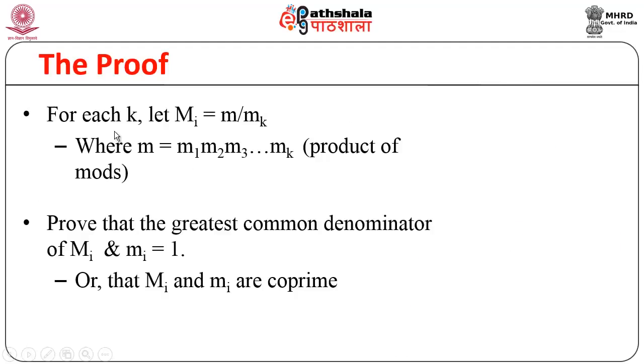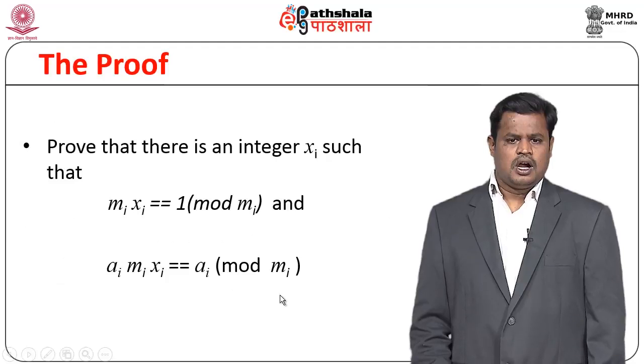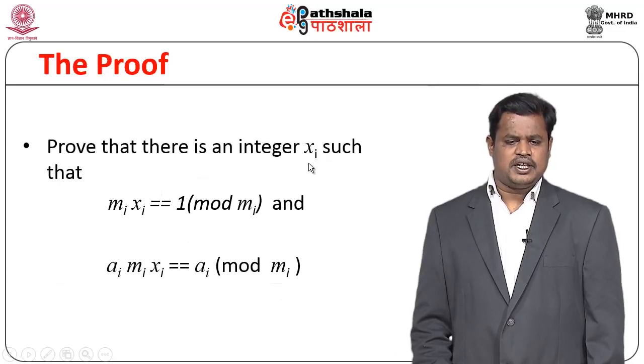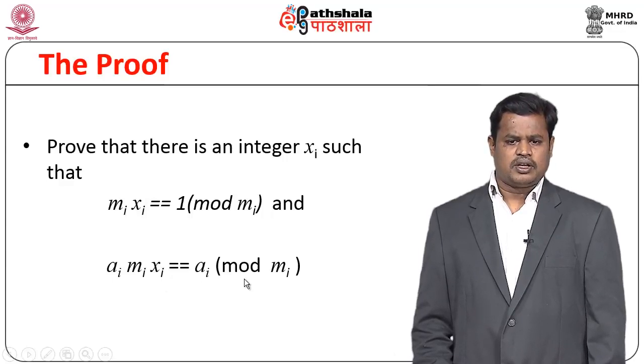Then we also proved that for each k, let Mi is equal to M divided by mk, where M is the product, and the greatest common divisor of Mi and mi is equal to 1, so Mi and mi are co-prime, and also there is an integer xi such that Mi xi is equal to 1 mod mi, and if there is ai as an integer, then ai Mi xi is equal to ai mod mi.